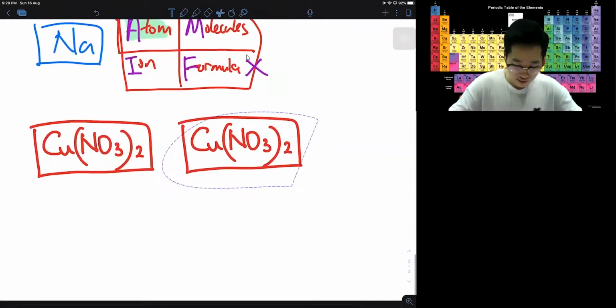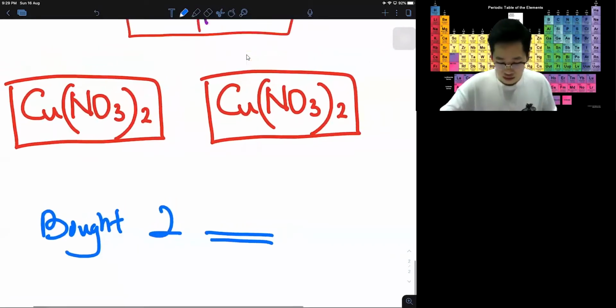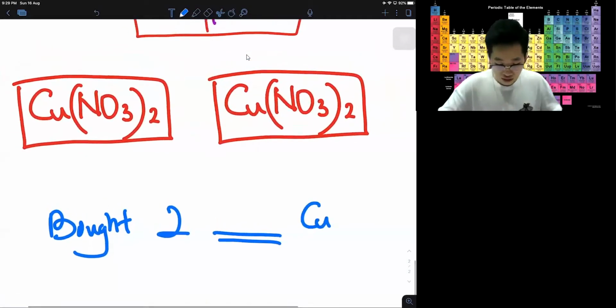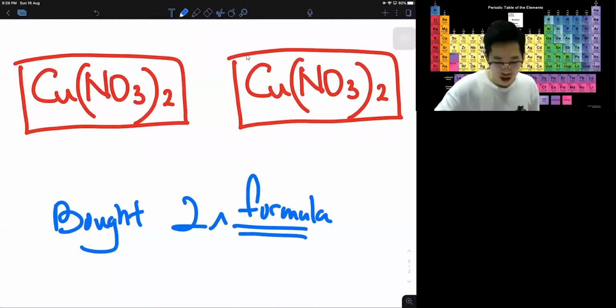I come home and tell my mom, today I bought two atoms, two ions, two molecules, or two units of formula? Yes, I should tell my mom I bought two units of formula.